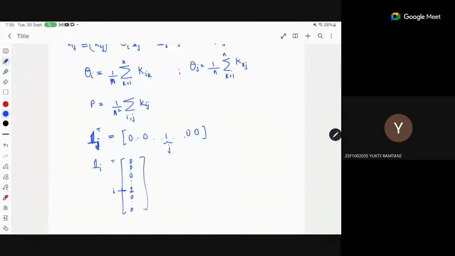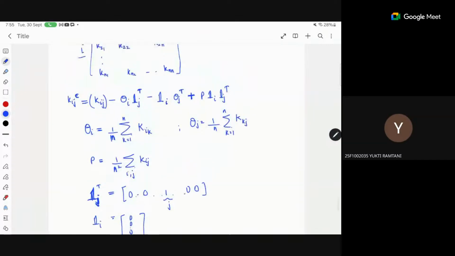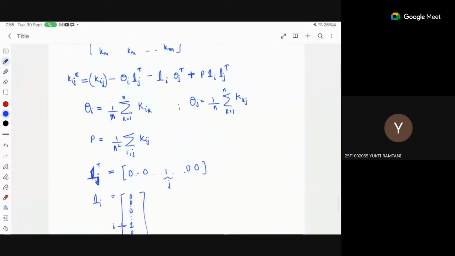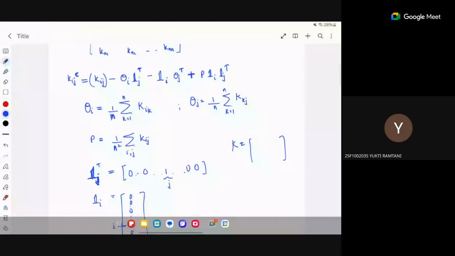I know this formula is very complicated, but once you take a small problem, let's say some k, take a small one, and then you try to center this. We'll do this in the Friday class. You will see what we are doing. These notations are really complicated to understand.